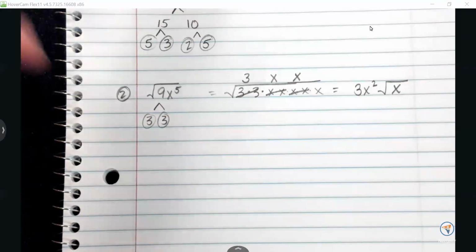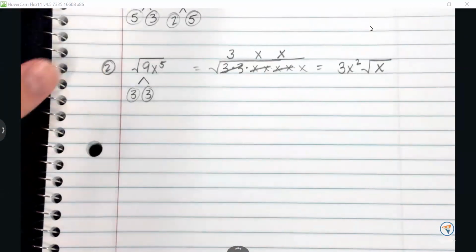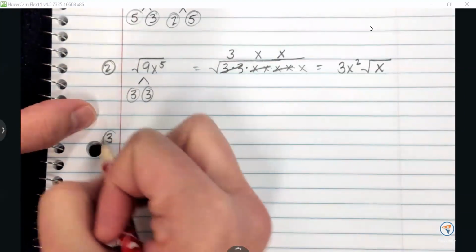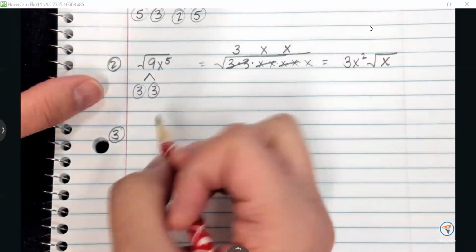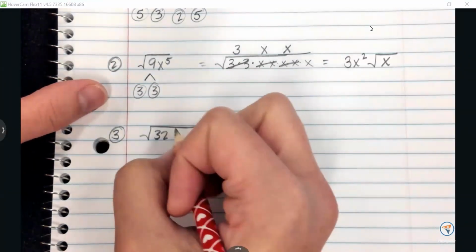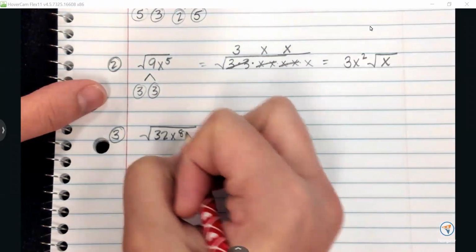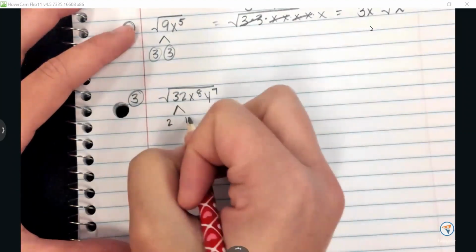Okay. If you don't have to write all this out, then that's fine. Like if you can look at it and see what the answer is, then that's fine. Okay. So try this one: square root of 32, x to the 8th, y to the 7th. I'll break it down in case you need to do so, and then look up and check your answer.